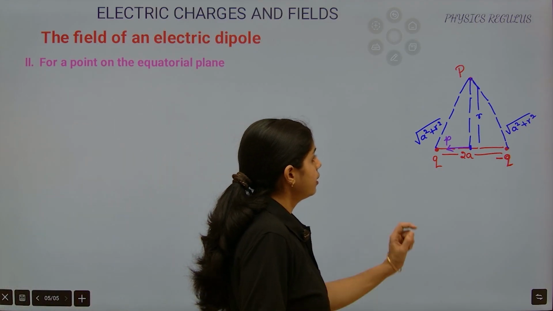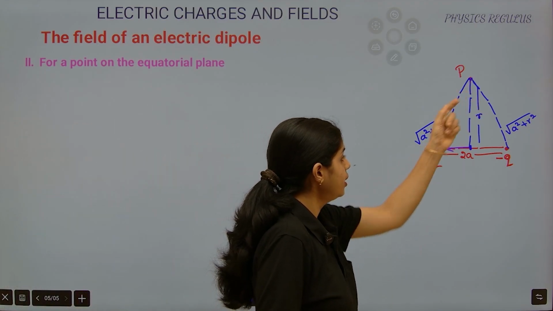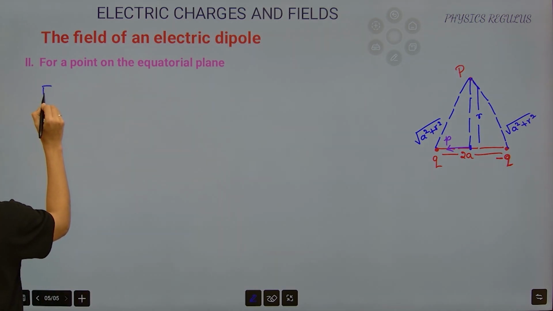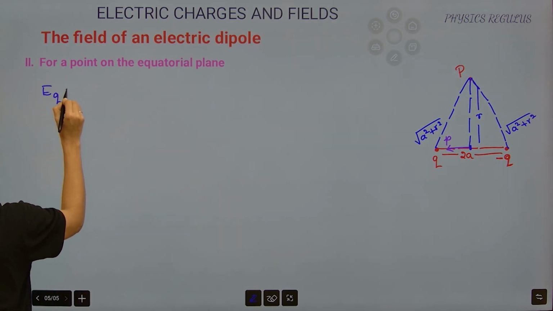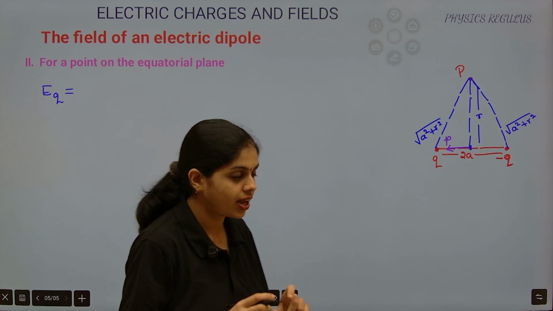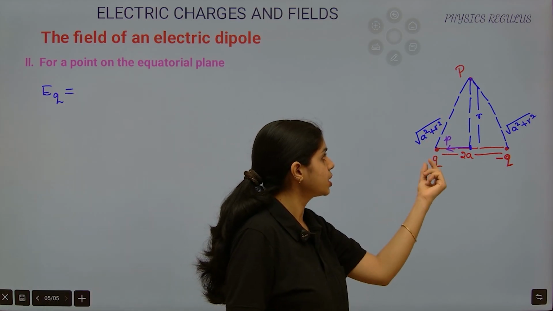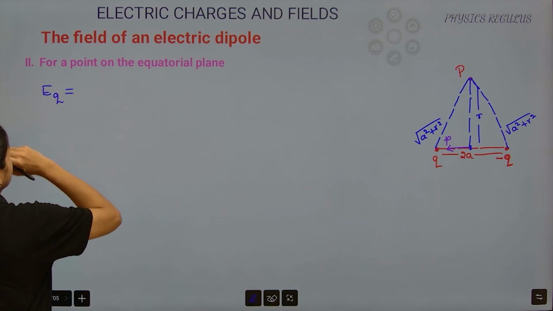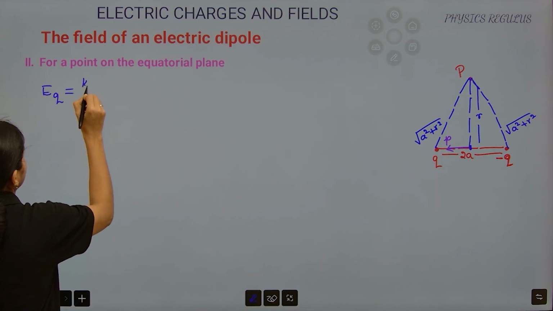Find the electric field at point P due to charge q. What is the expression for electric field? Kq by r square, where r is the distance between the point and the charge, that is root of a square plus r square. K is the constant 1 by 4 pi epsilon naught.